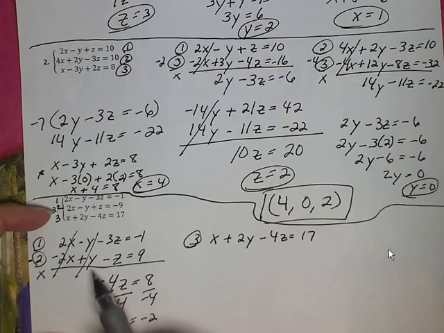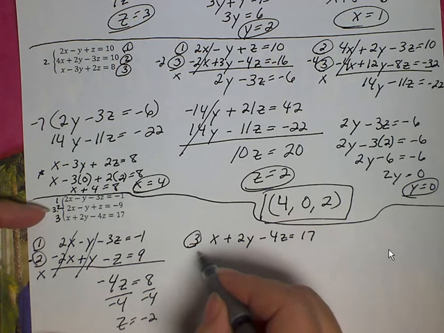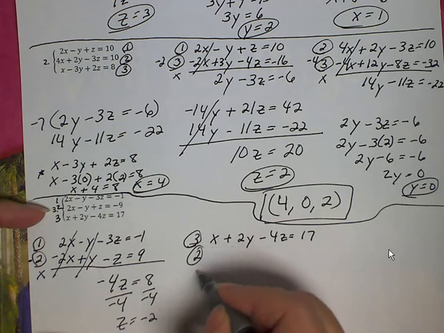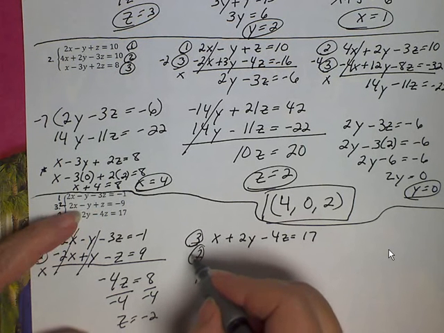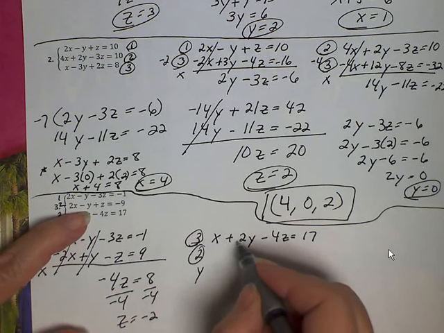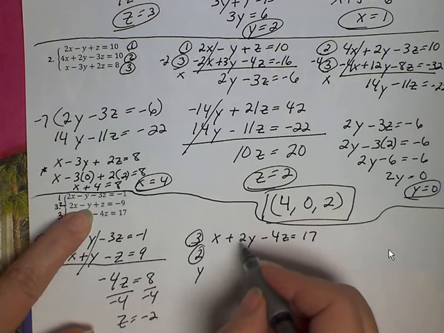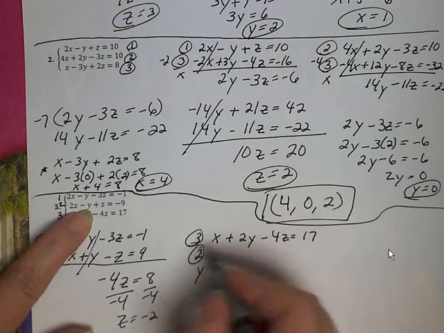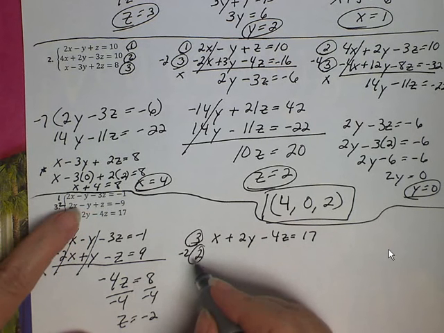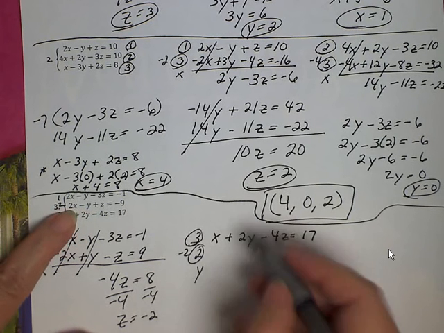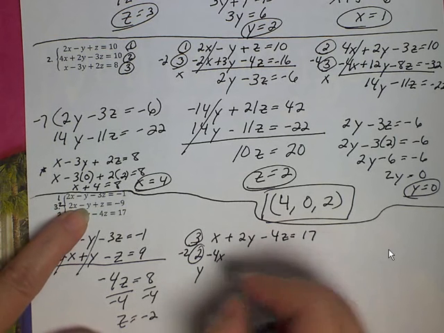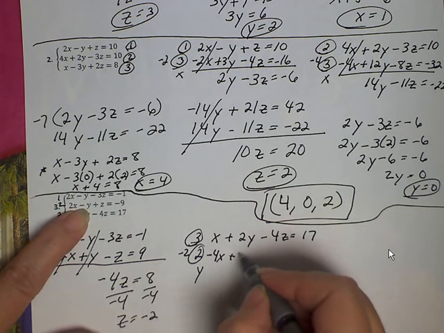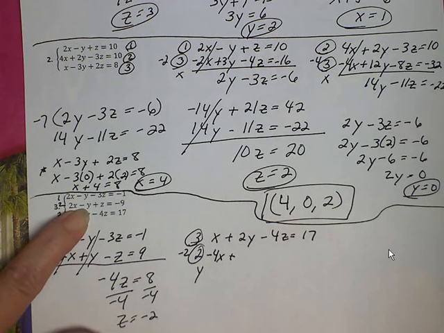Let's see what I want to do. I'll use number 2, and I'll get rid of my y's, and I'll multiply everything by, what do you think I have to multiply by? So I want a negative 2y, and I have a negative y, so I'm going to multiply by a negative 2. So negative 2 times 2 gives me a negative 4x. Negative negative is a positive, oh, I don't want to multiply by that, do I?